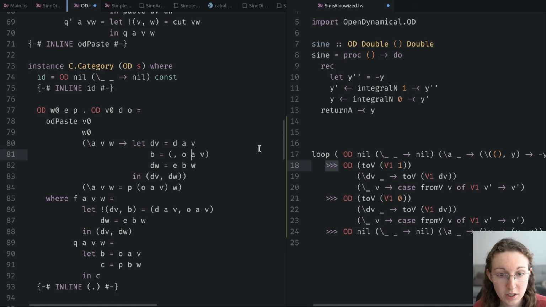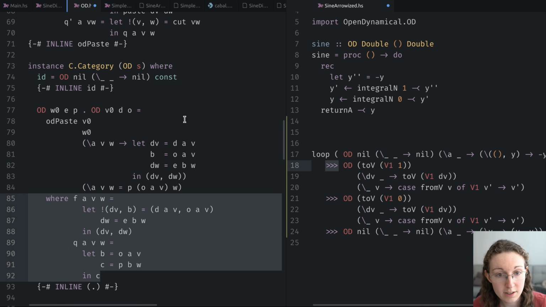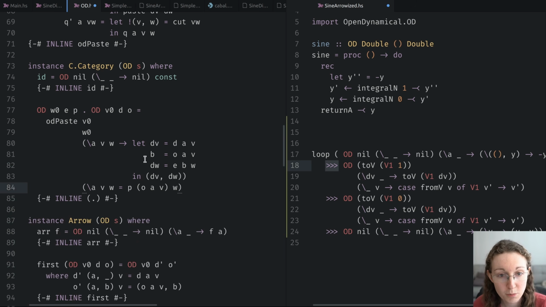Pull this out here. And I mean, this sort of rearranging of things is also a useful illustration of what the optimizer does, because it's actually very similar to what the GHC optimizer would be doing as well, inlining things and then simplifying redundancies like that, constructing a tuple and then immediately pulling it apart again. So once again, we have this B definition here that we can just inline in for B here.